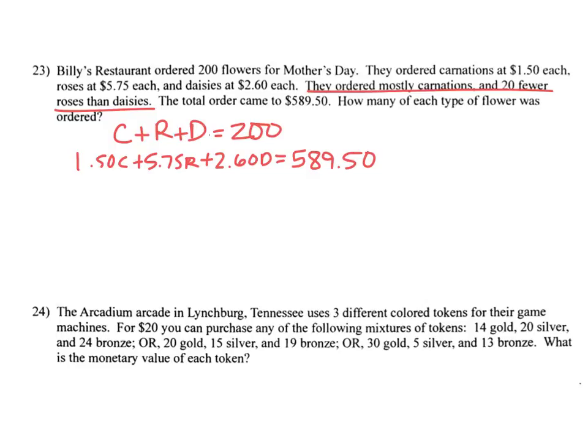To me that reads initially that I should write an equation that says 20 fewer roses than daisies. So that means roses equals daisies minus 20. If I solve that, that's going to be R minus D equals negative 20. Now we can use that to set up a matrix, and we actually want to figure out how many of each type of flower was ordered.